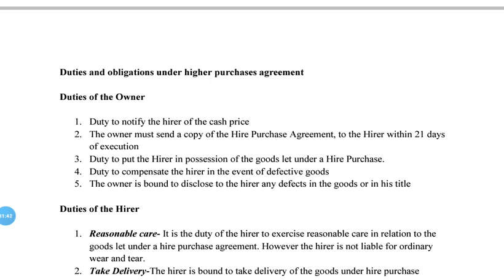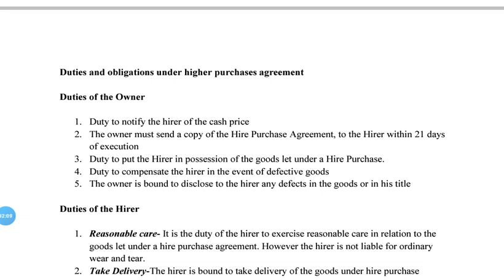Number 4, duty to compensate the hirer in the event of defective goods. The owner is bound to disclose to the hirer any defects in the goods or in his title. So those are the duties of the owner.